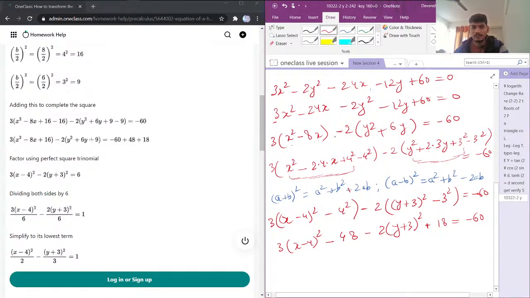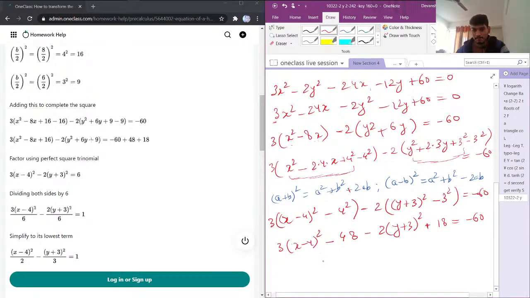Factor using, here it is given 3x square 8x minus 2. This minus minus will become plus, then 2 into 9 will be 18. So plus 18, minus 48 plus 18 it will become minus 30.